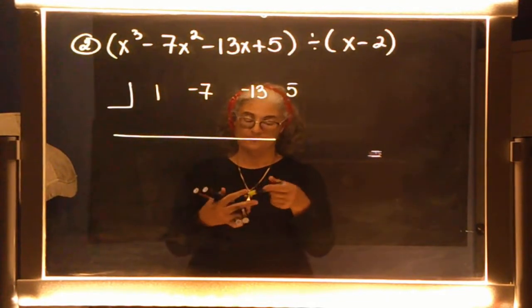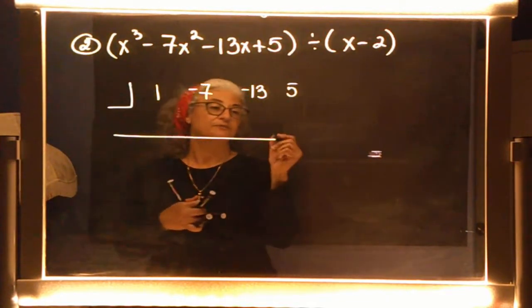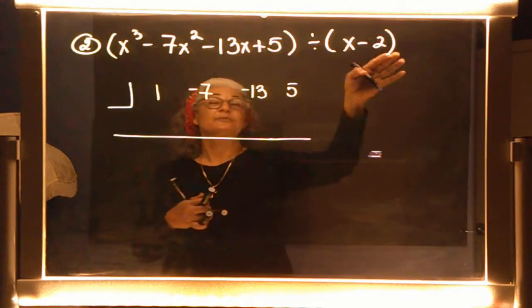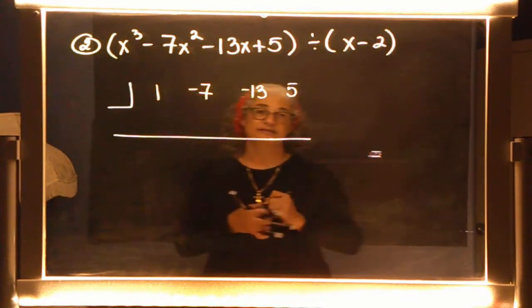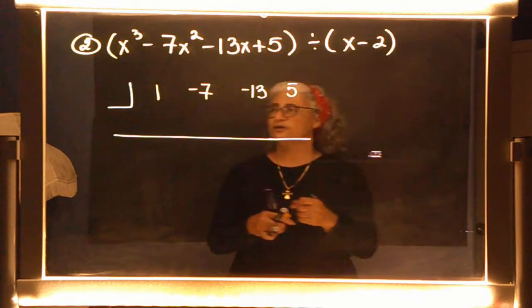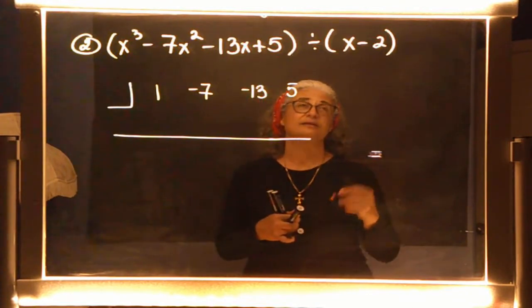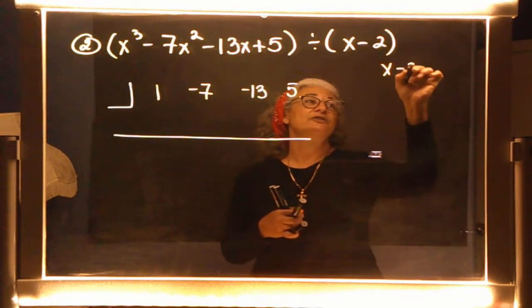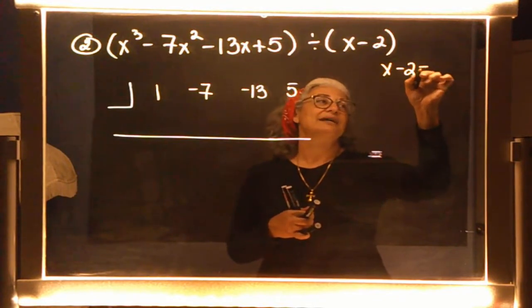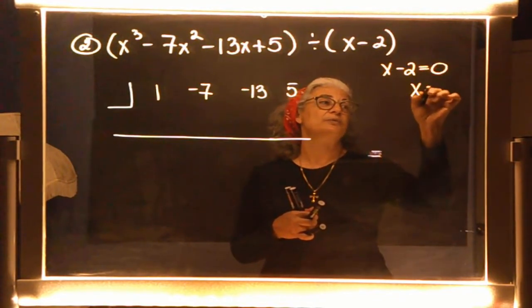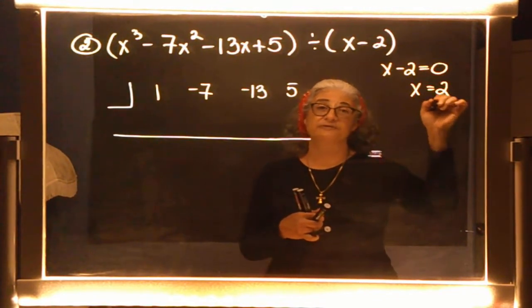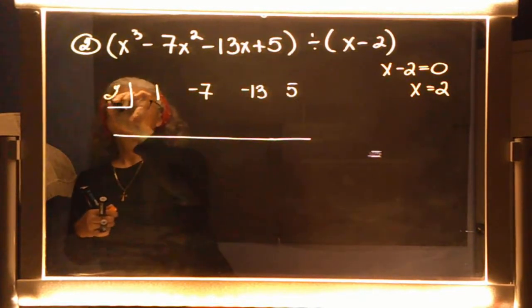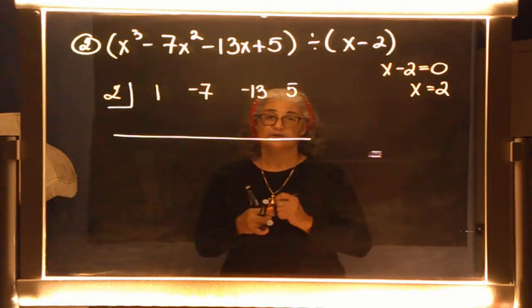Agreed? Okay. Now, this x minus 2 is the outside, isn't it? But how do I figure out what goes on the outside? I take x minus 2 and I set it equal to 0, which means the number I'm putting outside is the positive 2. I'm dividing by this positive 2. With me?